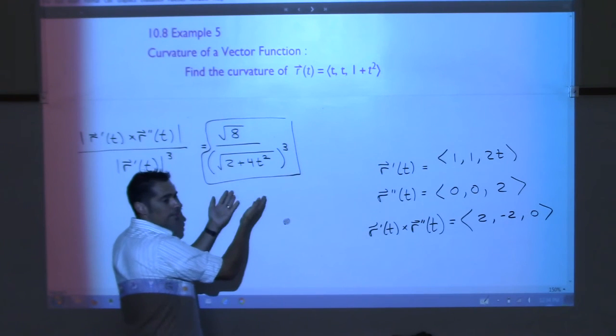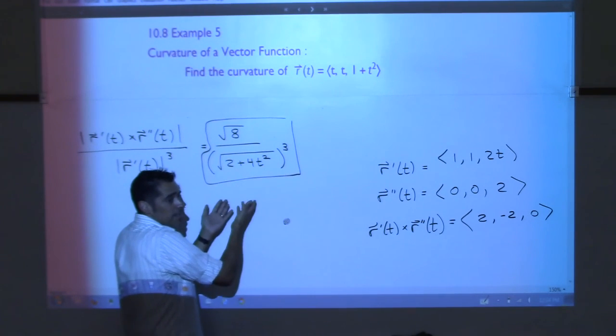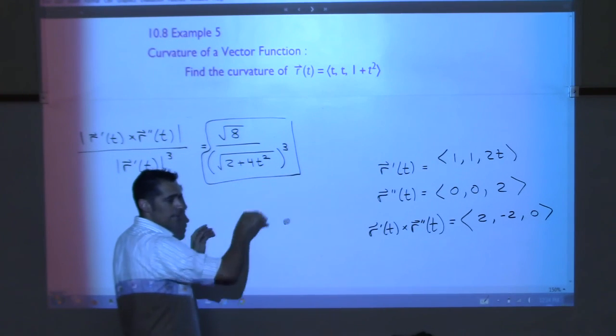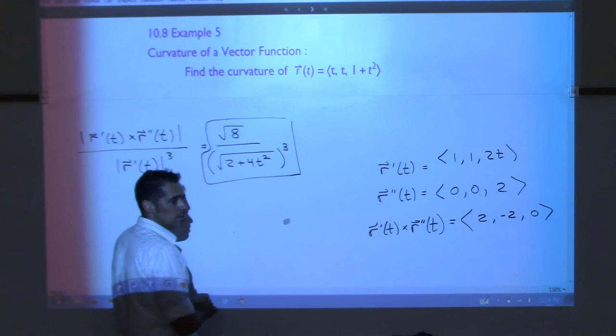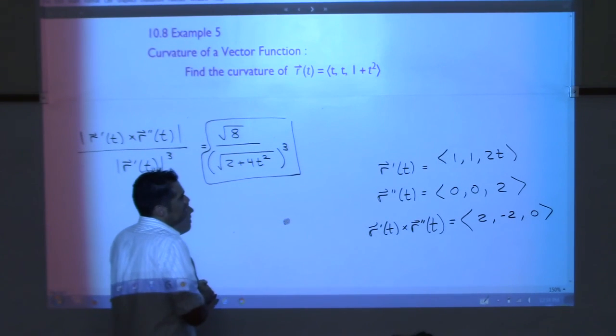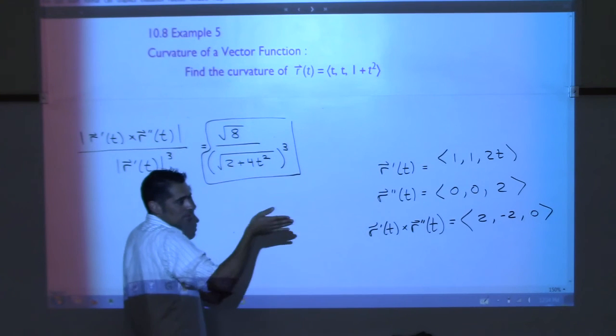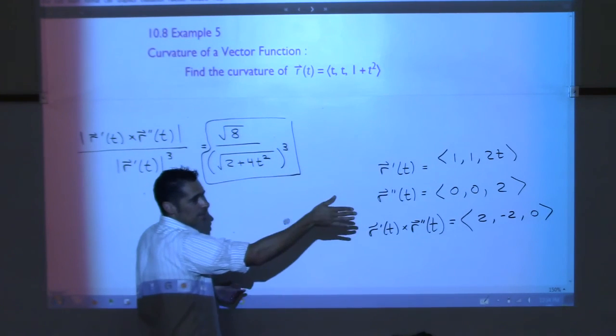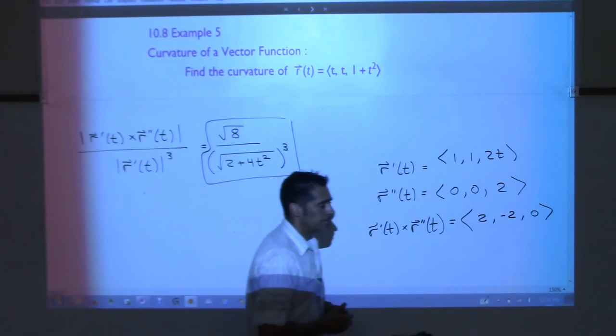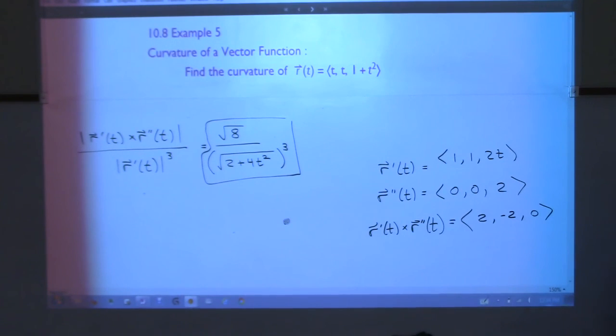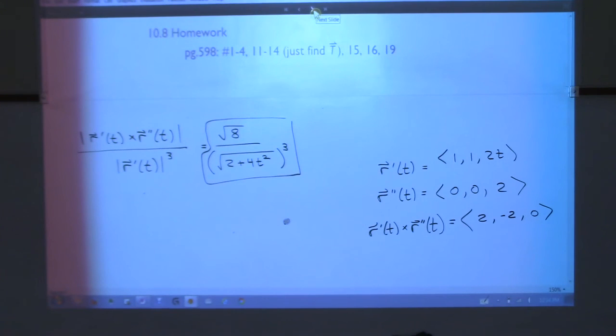So this is not a vector valued function. You could graph it and analyze it. You could take a look at the graph and see what's going on. But all that would be telling you is what's happening to that curve, what's the rate of turn, basically, on that curve as time goes by. And that's it.